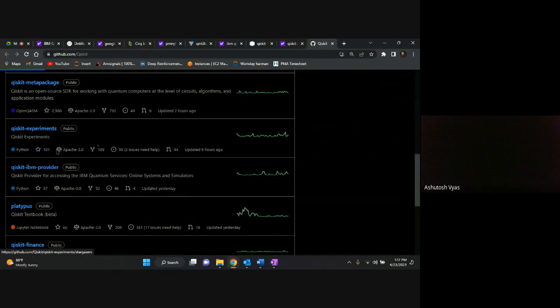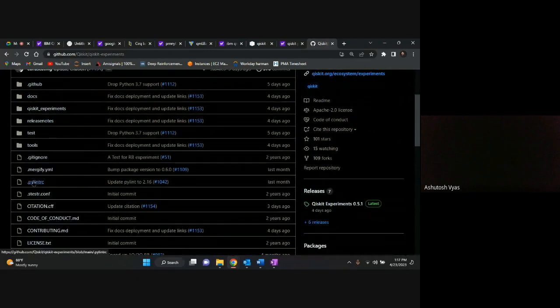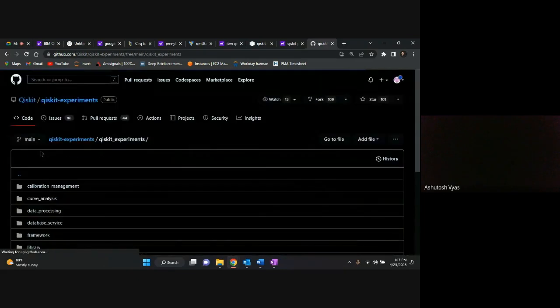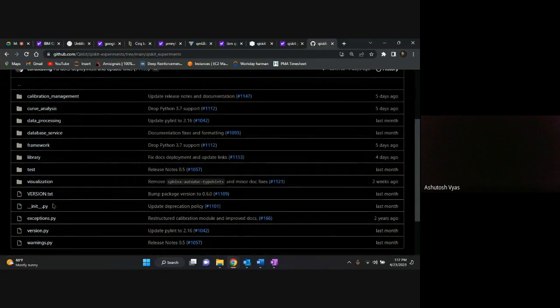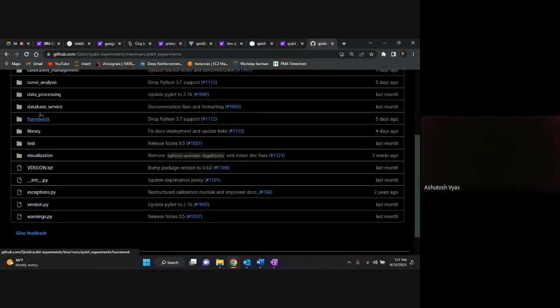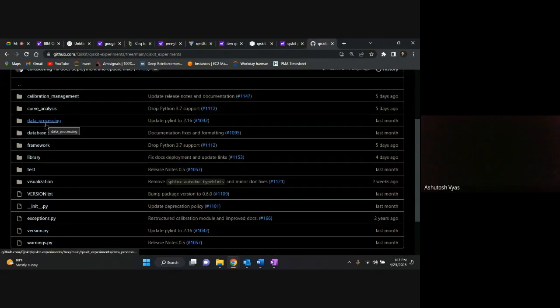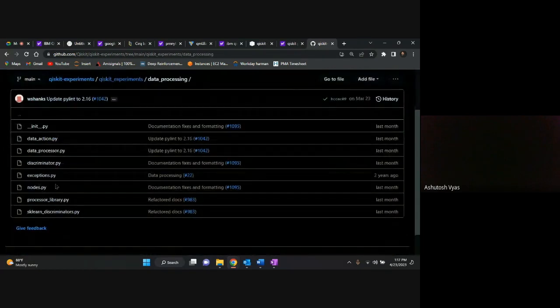So if you go on Qiskit experiments, there are many things they have written here. You can go on Qiskit experiments, curve analysis, data processing, framework. So let's see data processing. Oh, all of them are Python scripts only, right?